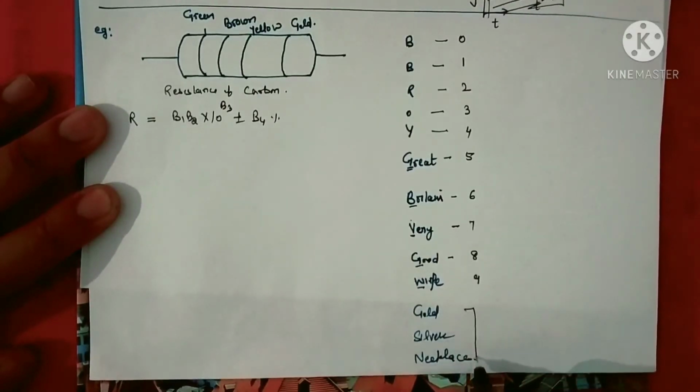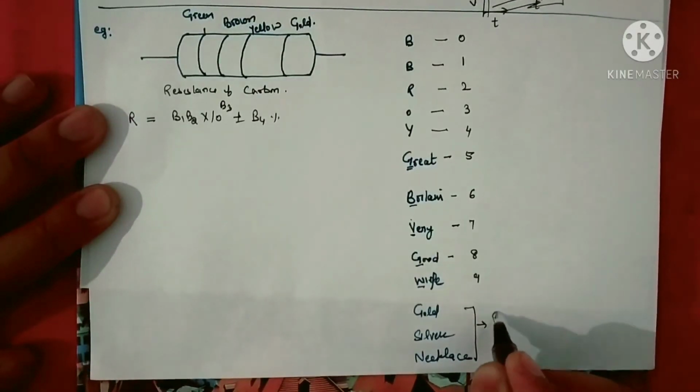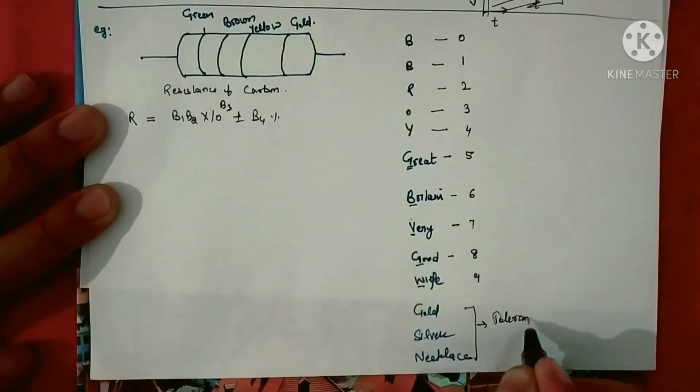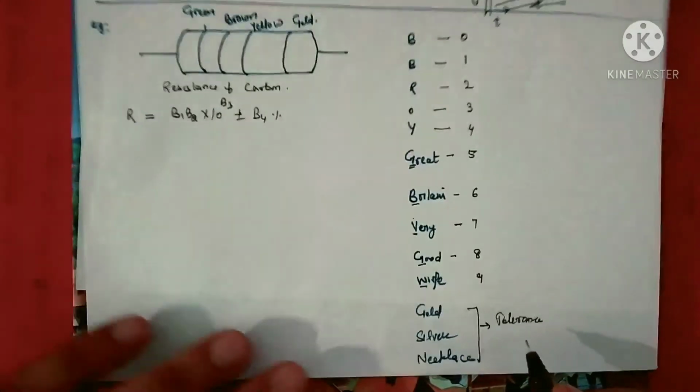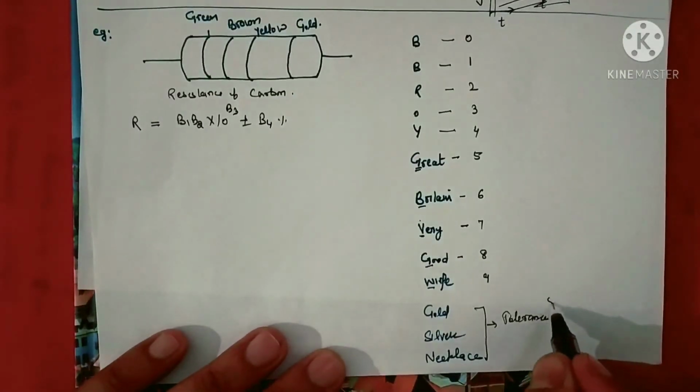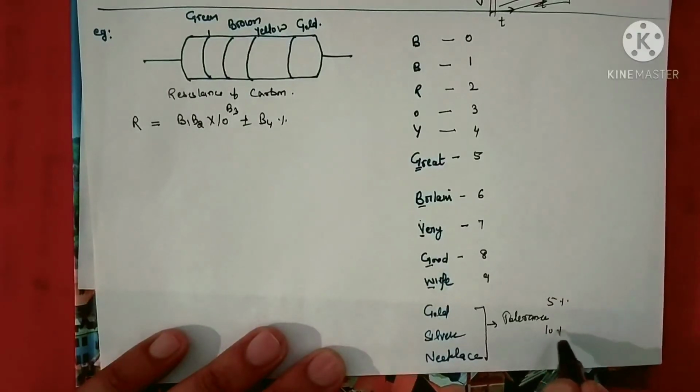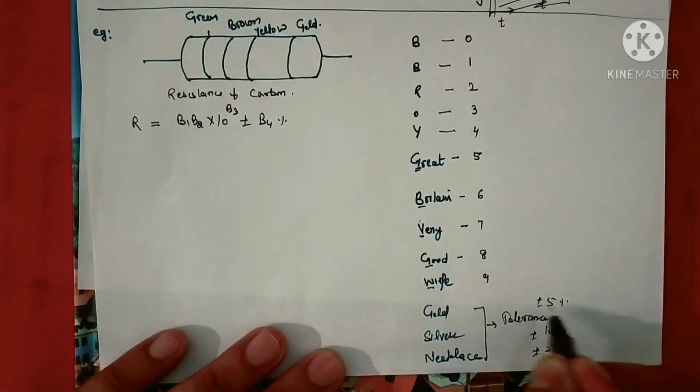These are the colors that will decide the tolerance. So tolerance gold is for 5%, this is 10%, and this is 20% plus minus.